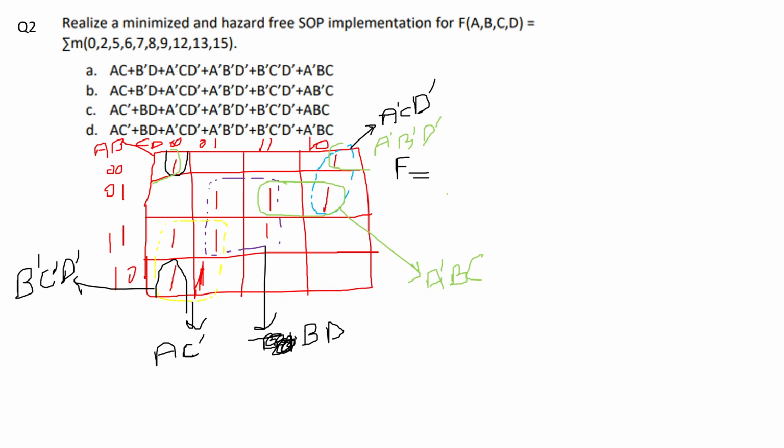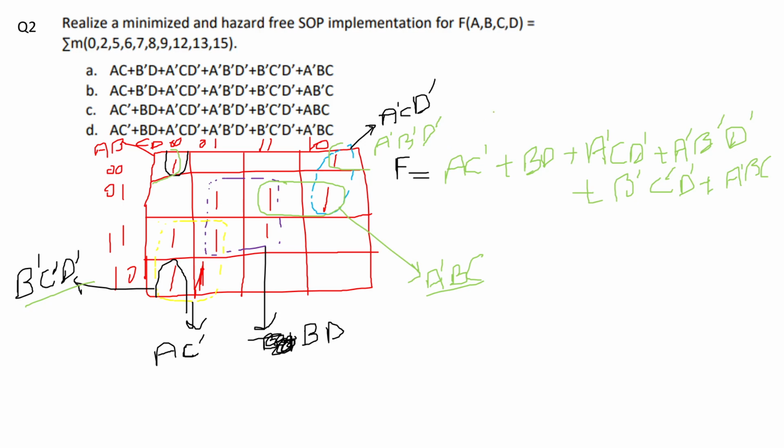So finally our answer will be the sum of all these terms: AC complement plus BD, plus A complement C D complement, plus A complement B complement D complement, plus B complement C complement D complement, plus A complement B C, and so on, and BD.